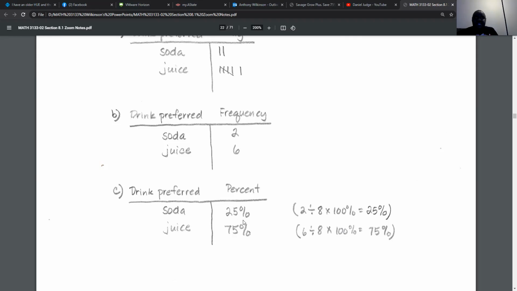So 25% of these students prefer soda. And then for the percentage who prefer juice, 6 students prefer juice from the frequency table. And that's out of a total of 8. So 6 divided by 8, and then multiply that by 100%, that would be 75%. So here's 75% of those students prefer juice.